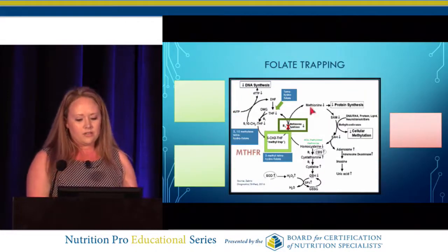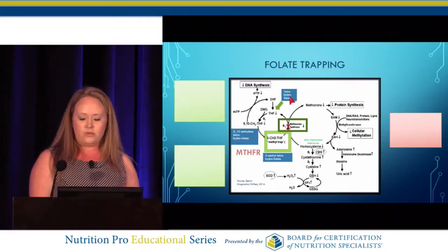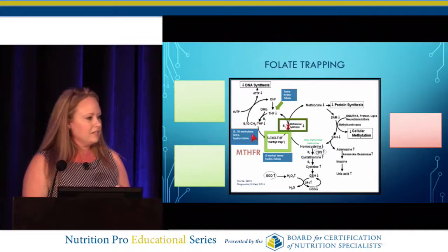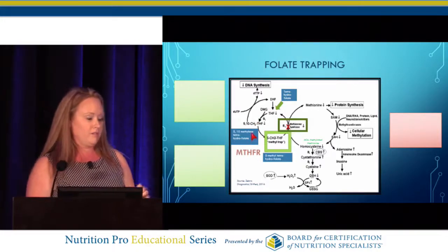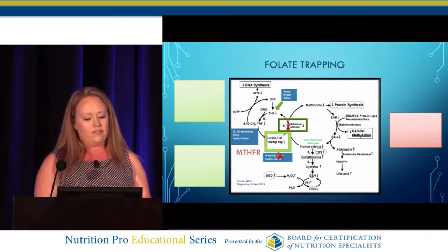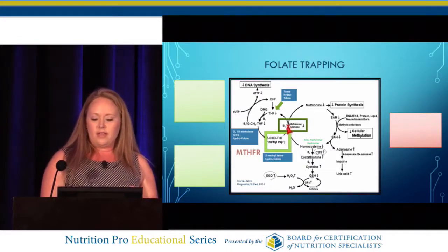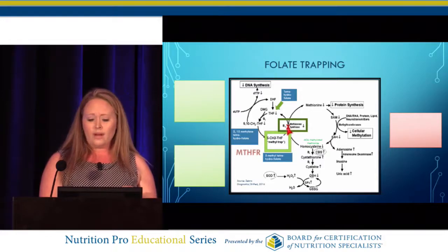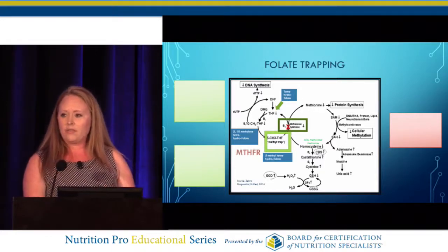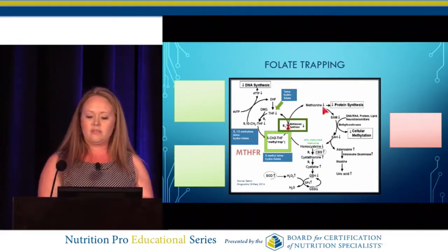Let's look at this a little bit closer here. So we have tetrahydrofolate, 5,10-methylene tetrahydrofolate, which is our substrate for MTHFR, and then we have 5-methyl folate. You notice here there's a big X in the center. What happens when we cannot pass that methyl group over is that we have a decrease in methionine.